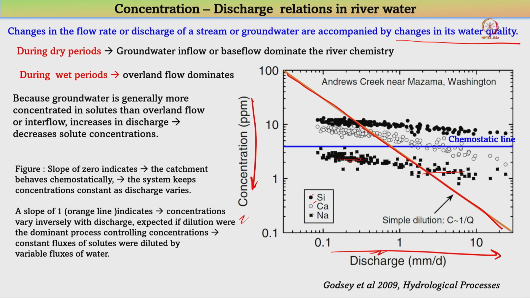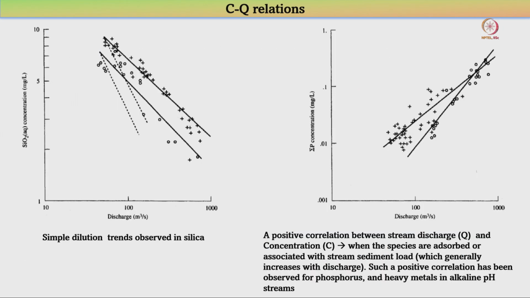That weathering is releasing this concentration. So, it is not a simple dilution that I am observing, it is rather an enhanced weathering that I am also looking at. Okay. So, CQ relationships have now helped us understand how different elements can behave differently.